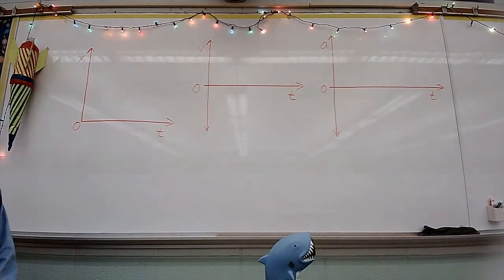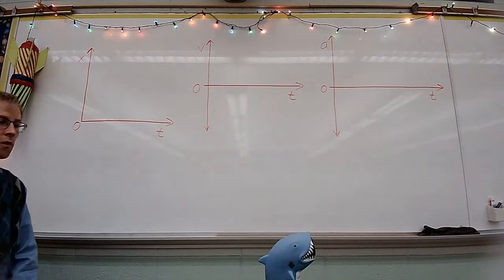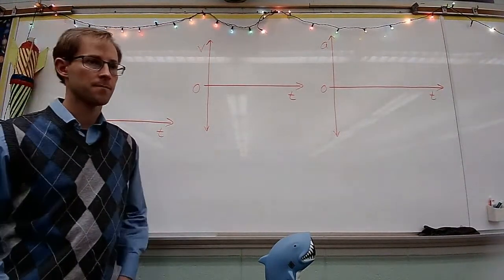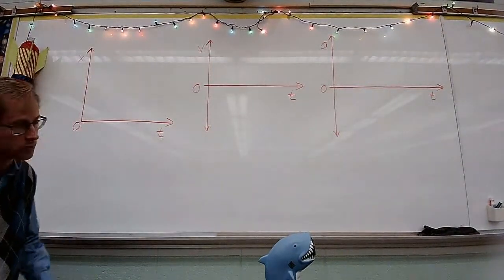So, just like last time, we want to make sure that we can translate some sort of scenario onto these graphs. And we'll start with a rather simple one. We've done this one in the past already. I'll let you finish drawing.